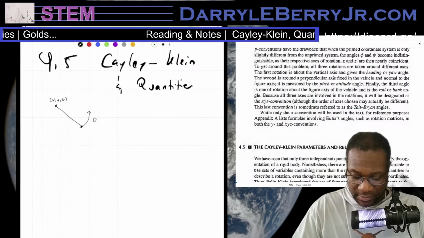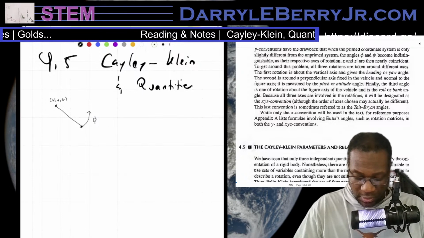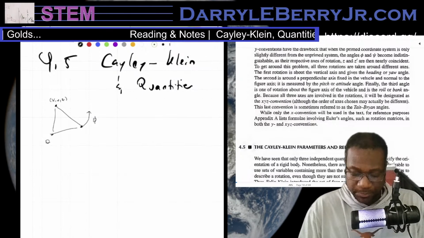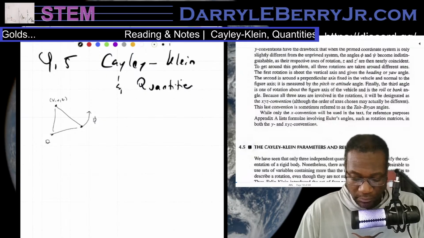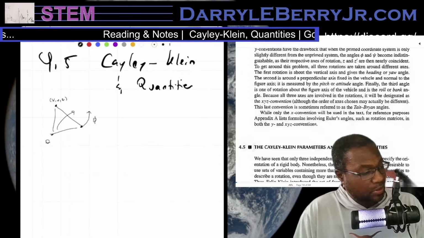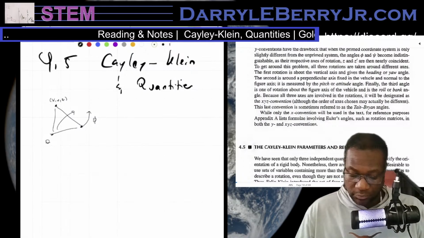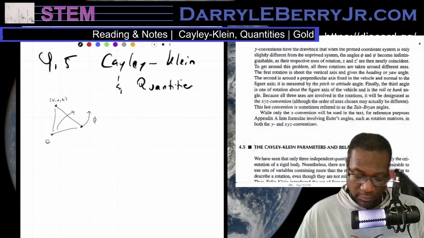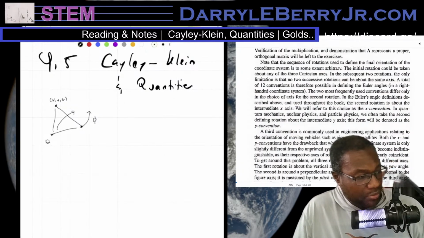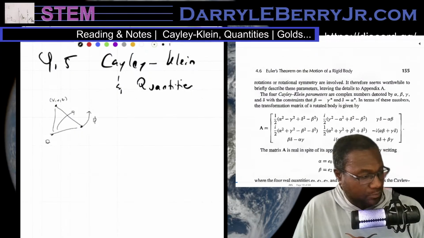A phi, and then the third point would be only in relation to those two, theta. This way should be all you need. Maybe adding an extra term, but we'll keep going. That's the general idea.